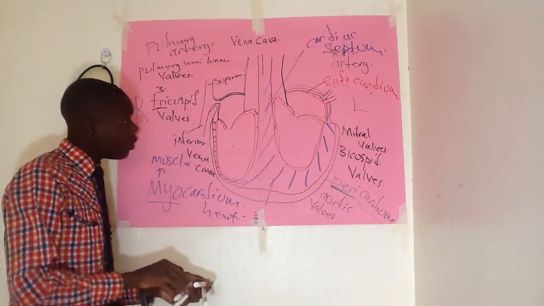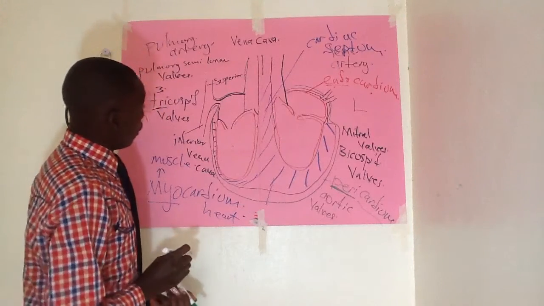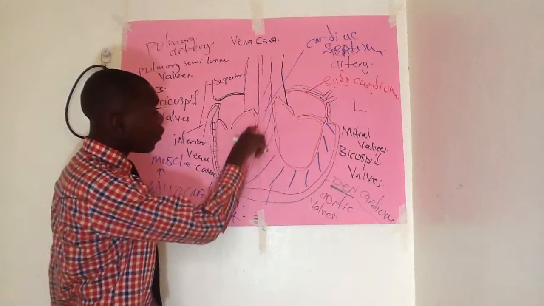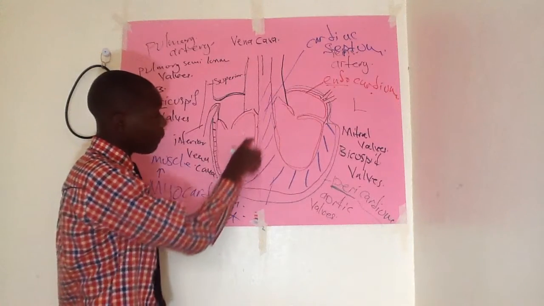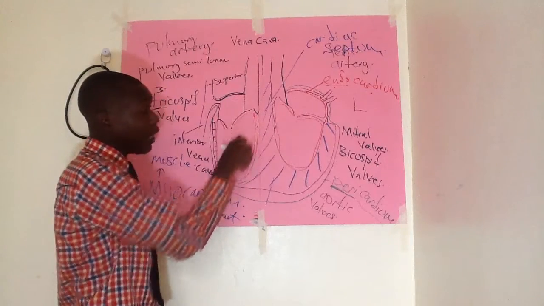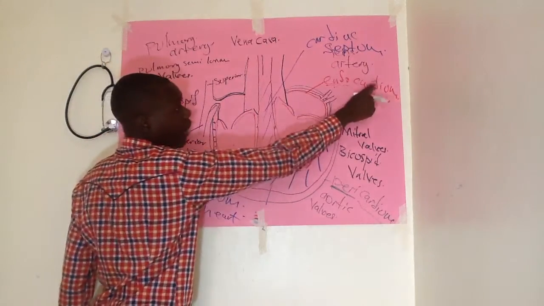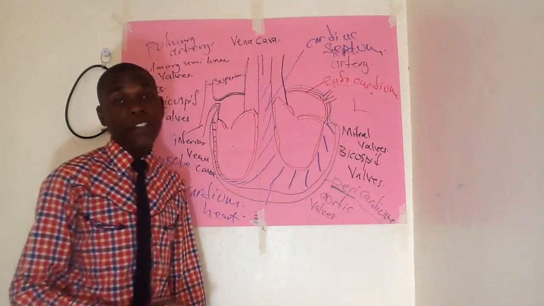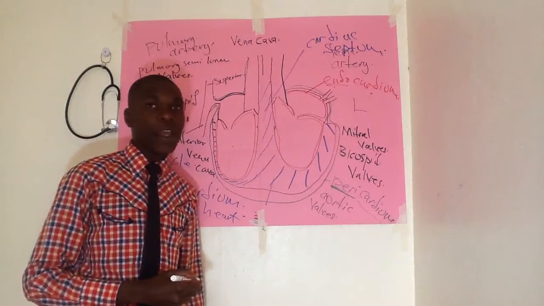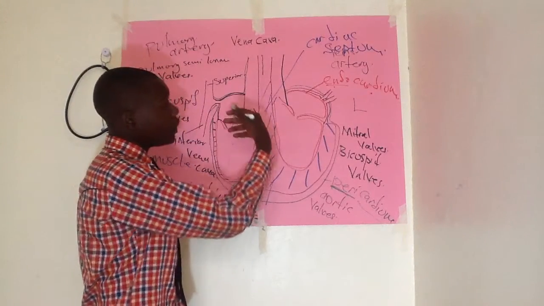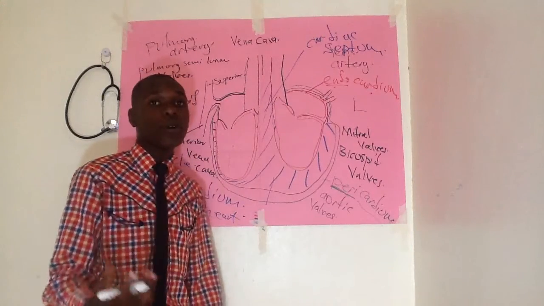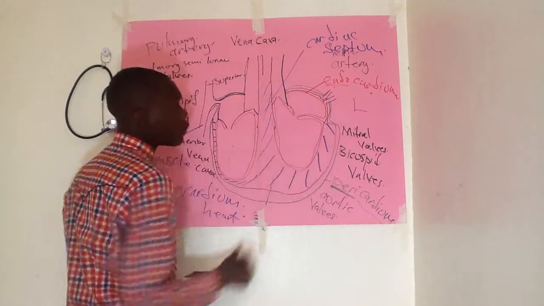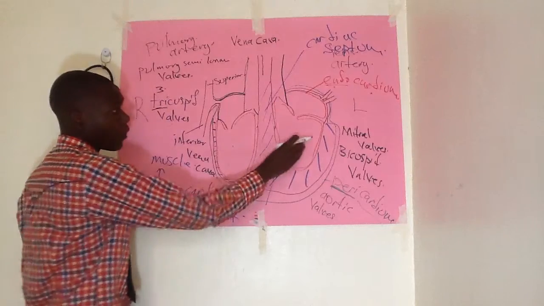Now when we further go on, in fact there's something interesting here. When you look at the endocardium, endo, inside, cardiac, heart, inside of the heart, this layer here is made up of smooth squamous endothelial cells or endothelial tissue.